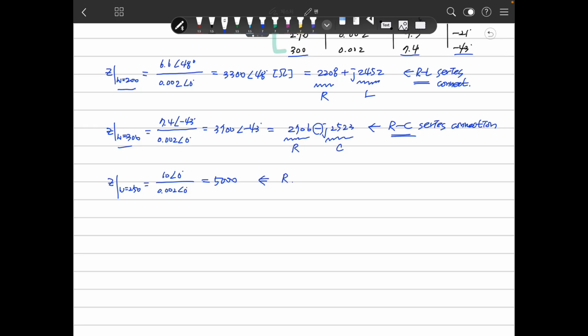This is just R. I mean, there is no reactance, nothing from the L or C.